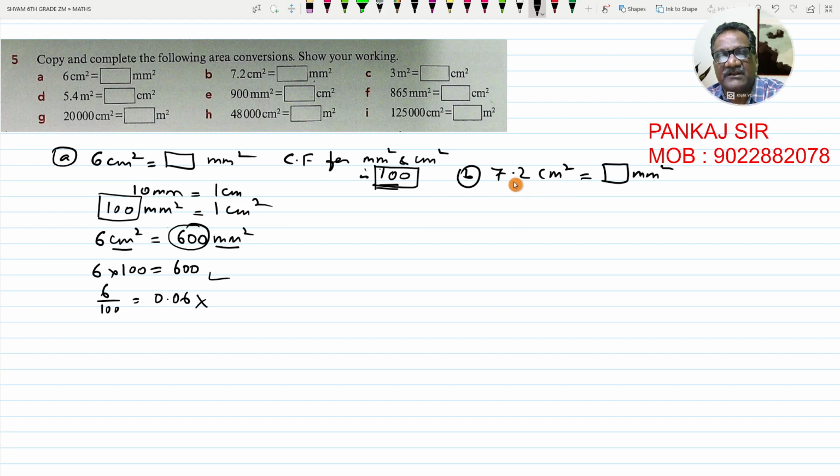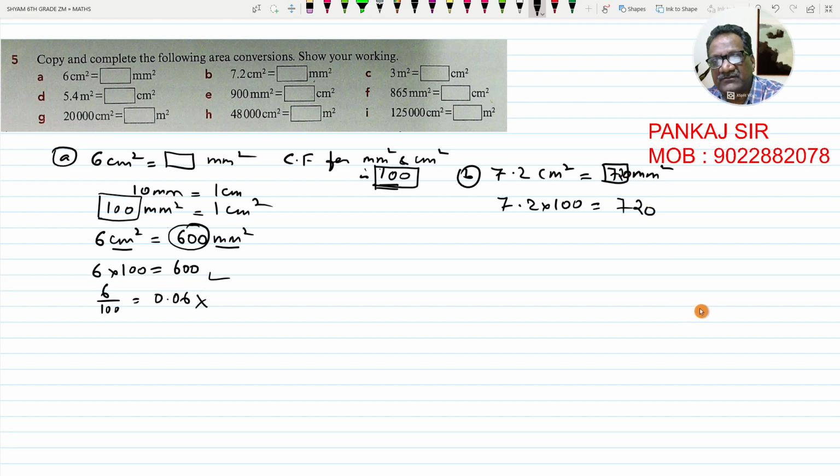Now this millimeter squared is a smaller unit than centimeter squared, so the numerical value should be bigger than 7.2. To get a bigger number than 7.2, you will have to multiply 7.2 by the conversion factor. So the answer that should come here will be 7.2 times 100, which is equal to 720. So the answer you get here is 720.